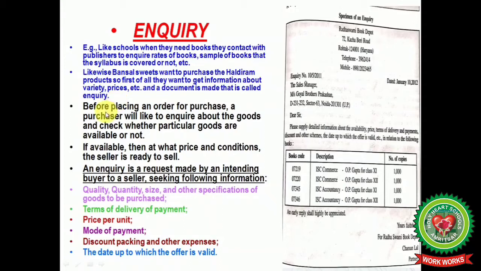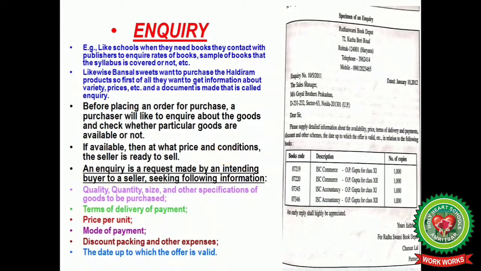So, before placing an order for purchase of goods and services, a purchaser will like to inquire about the goods and check whether particular goods are available or not, and if available, then at what prices and conditions the seller is ready to sell.